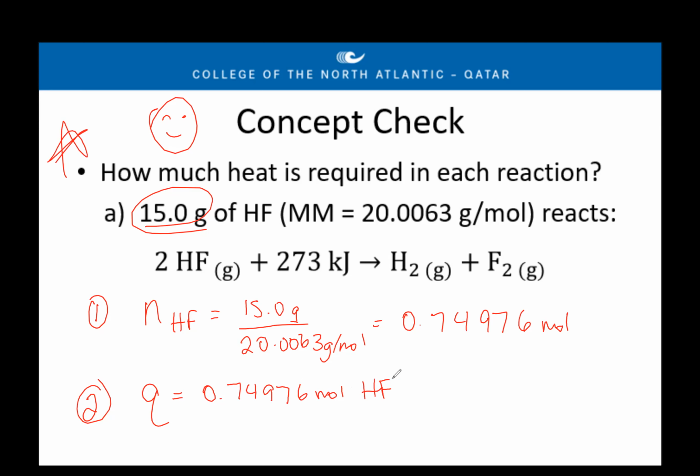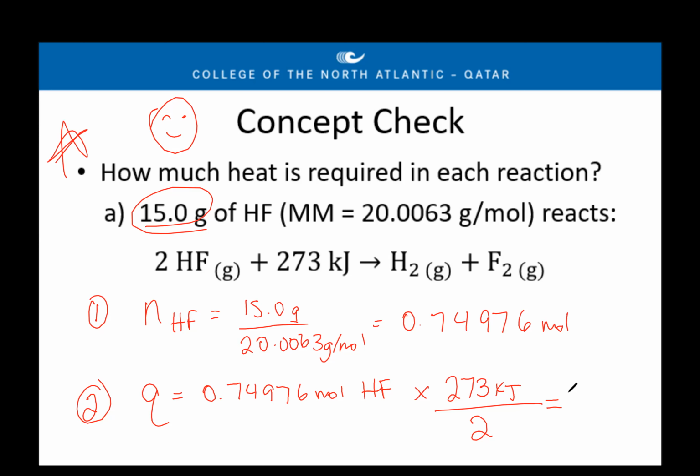Well, I don't have 2 moles, I have 0.74. So I'm going to multiply that by what's called my mole ratio. Divide it by 2. And there's my answer. So I multiply that by 273.